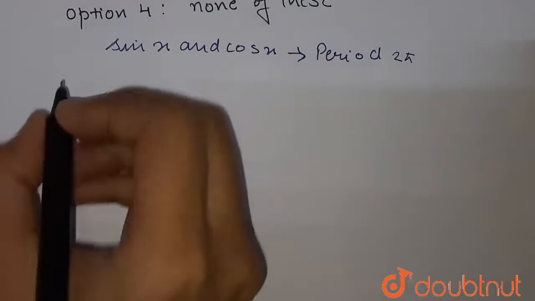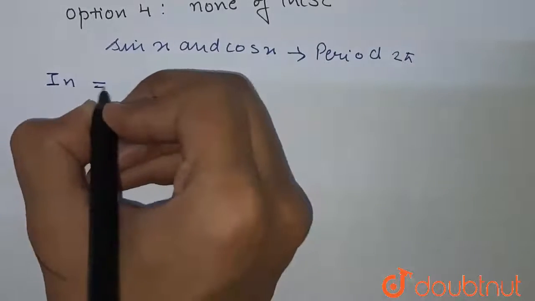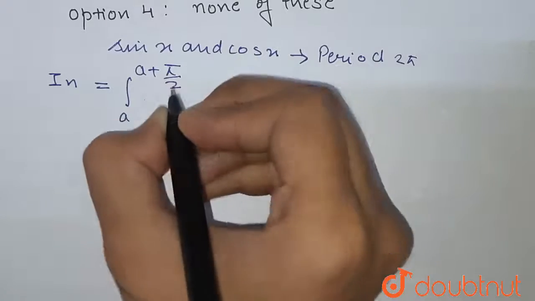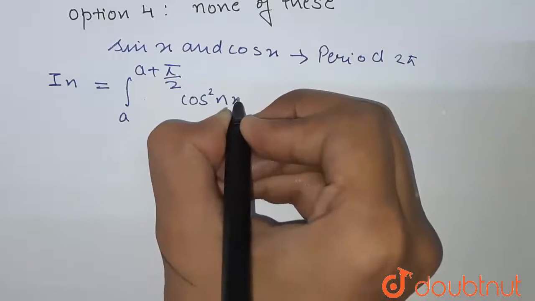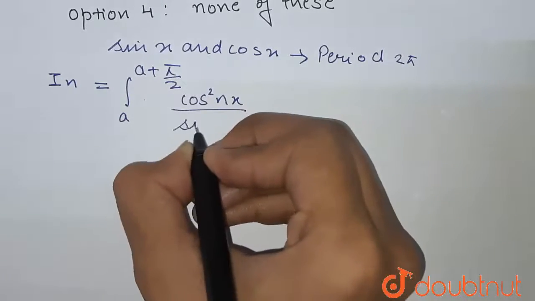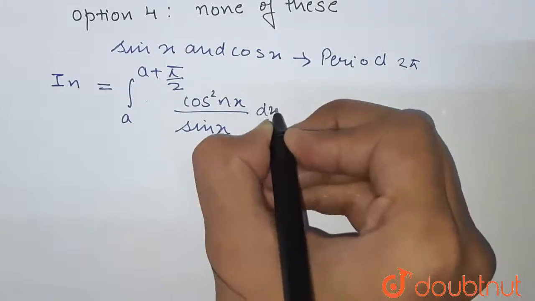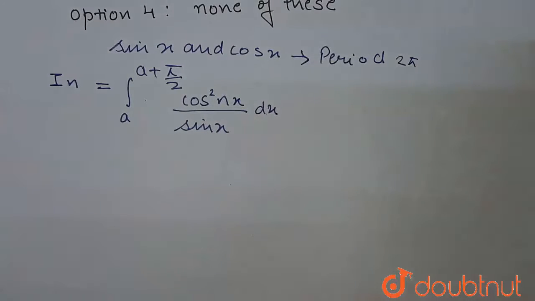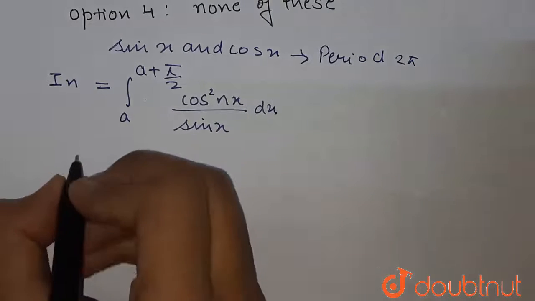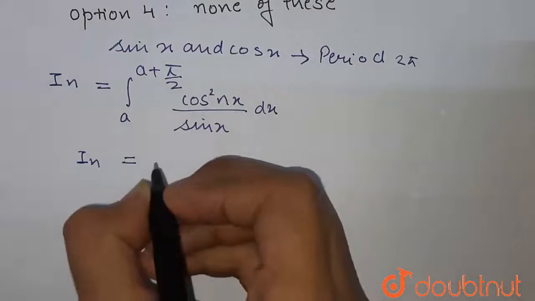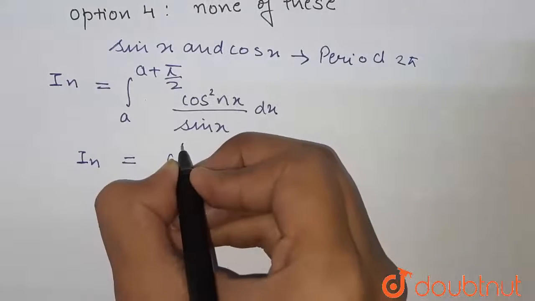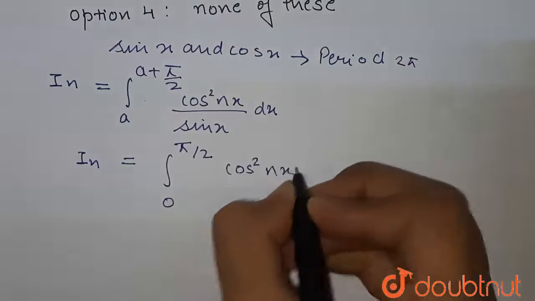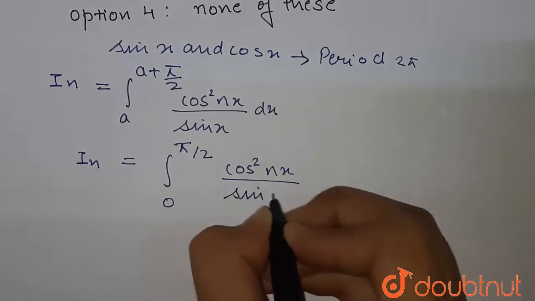So we are given In is equal to the integral from a to a plus pi by 2 of cos square nx upon sin x dx. This is periodic, its period is 2 pi. So we can write this as In is equal to the integral from 0 to pi by 2 of cos square nx upon sin x dx.